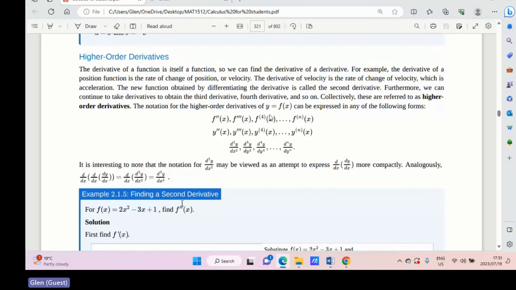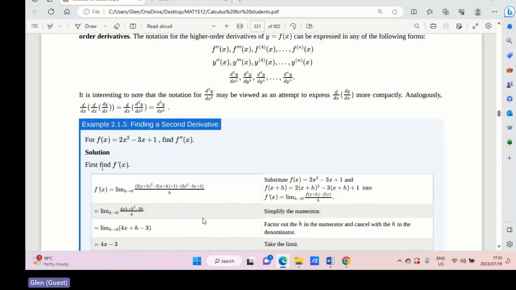Now, the first derivative of 2x squared minus 3x plus 1. That's where we start. We first have to find the derivative of 2x squared minus 3x plus 1. And then after that, it is then that we can find the second derivative from the first derivative.